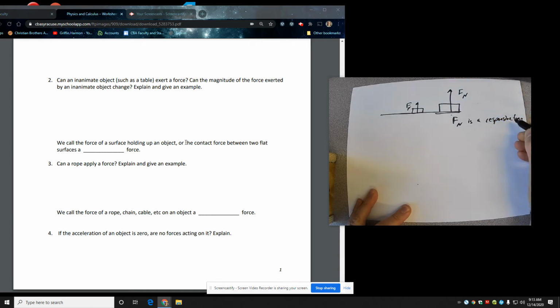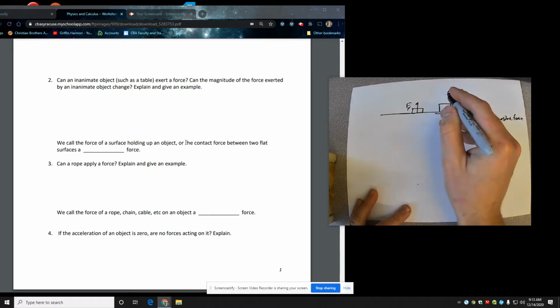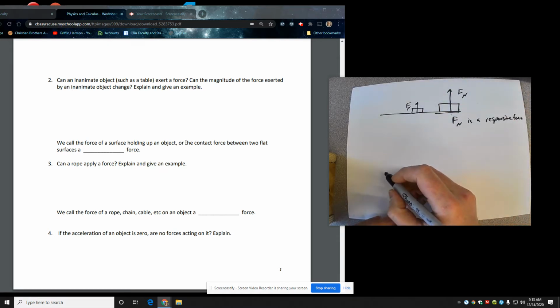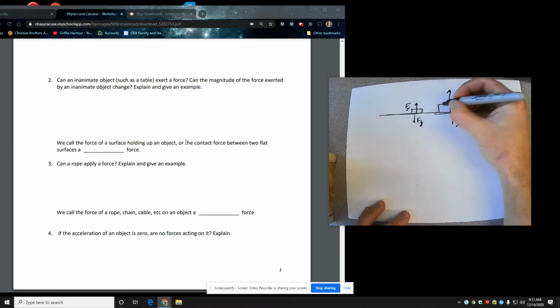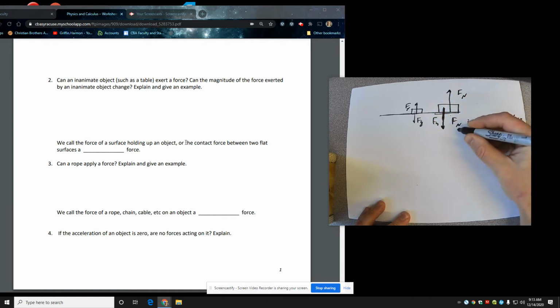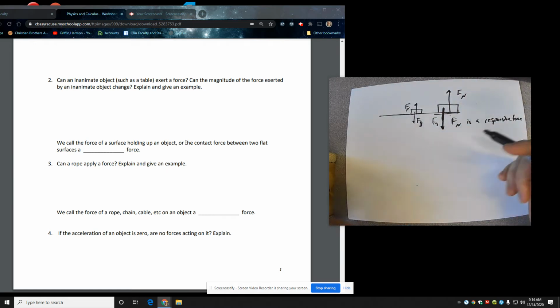It responds to the force that's applied down on it. So the Fg of the box is pushing down on the table. So if the force of the box on the table gets bigger, then the normal force has to respond by getting bigger to keep everything balanced.